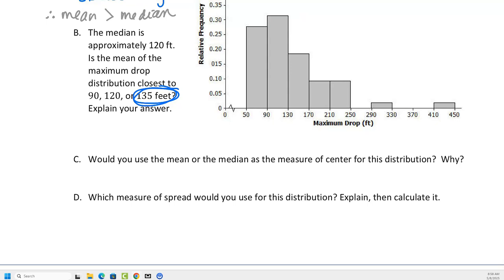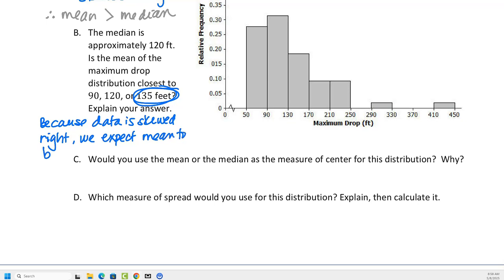Because the data is skewed right, we would expect the mean to be greater than the median.